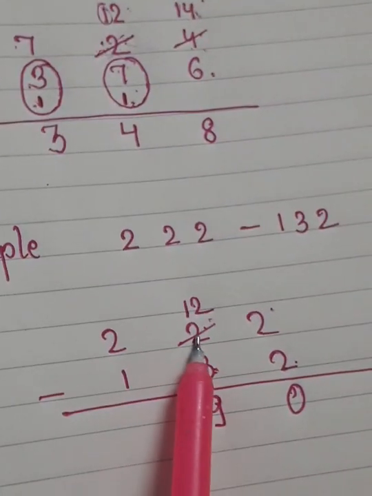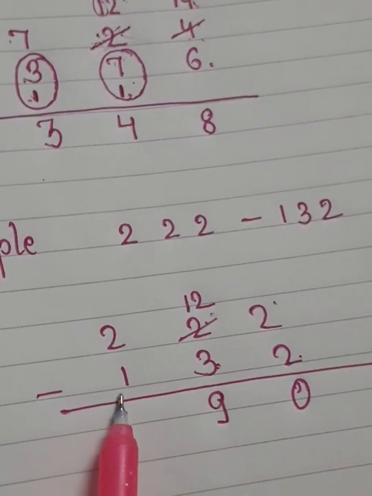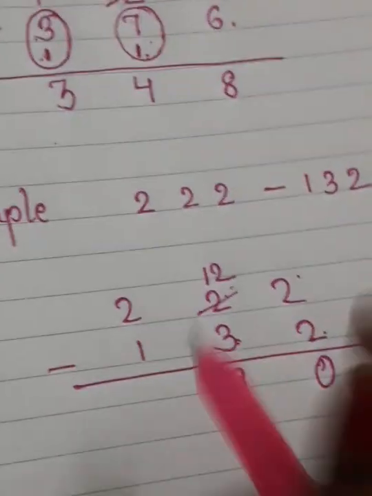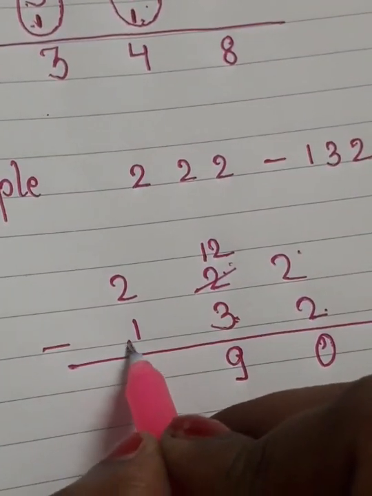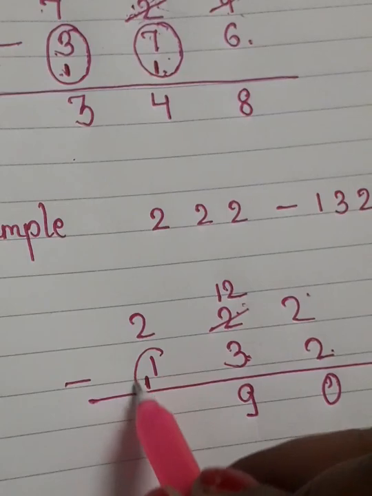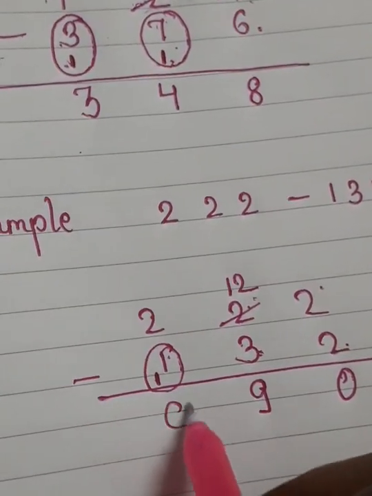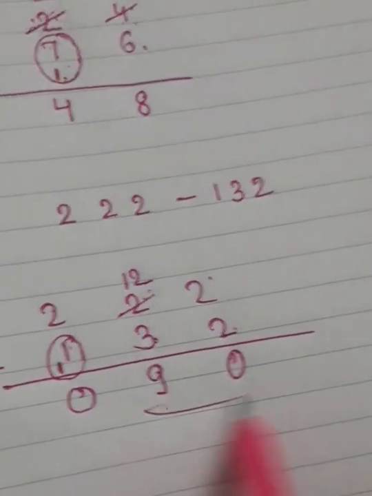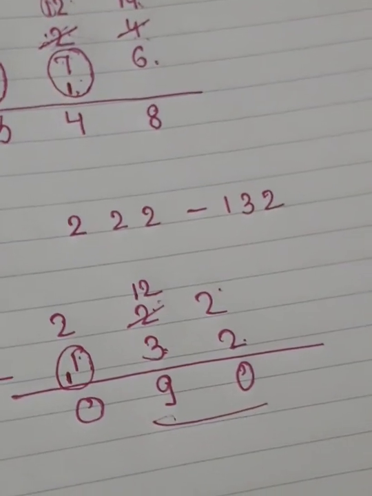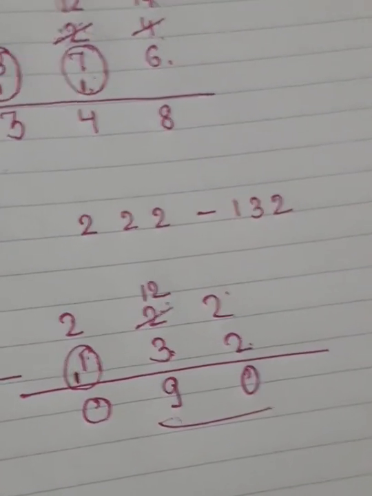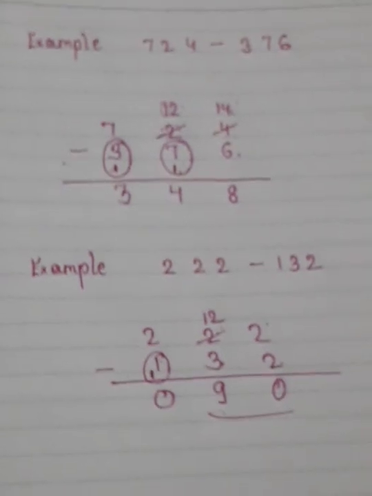Here we have assumed, so in the next downside number we have to add this 1. So this becomes 2, and 2 minus 2 is 0. So the answer is 90. Clear?